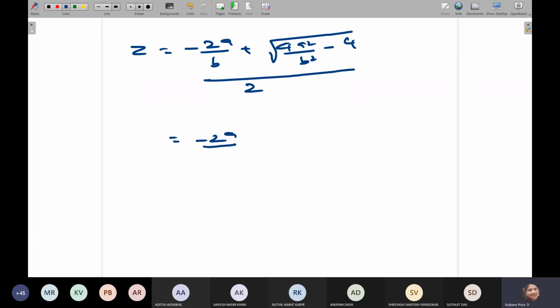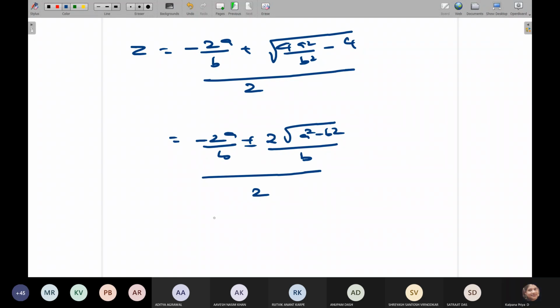So minus 2a by b plus or minus 2, I can take it outside, so root of a squared minus b squared by b, divided by 2. Therefore, minus a plus or minus root of a squared minus b squared by b. That is your z. Now, very important part is we have to check which pole lies inside the contour.